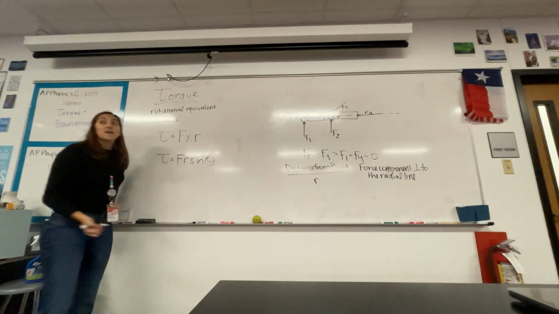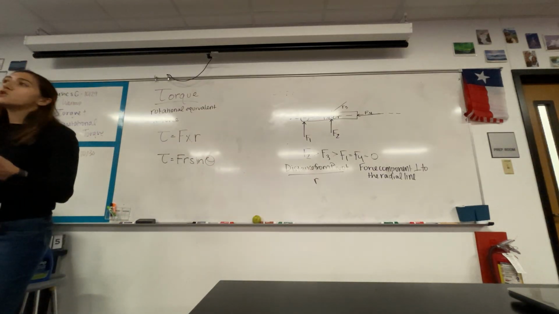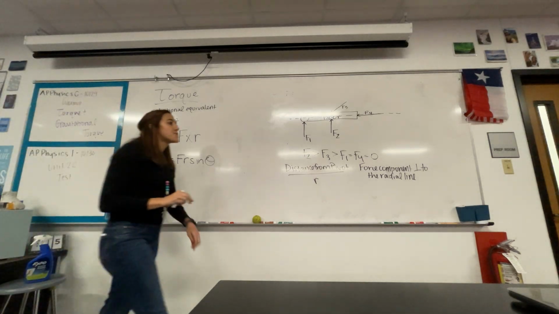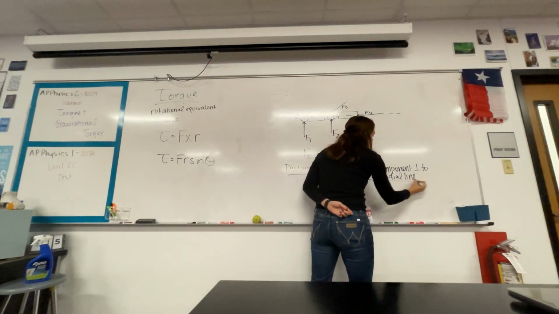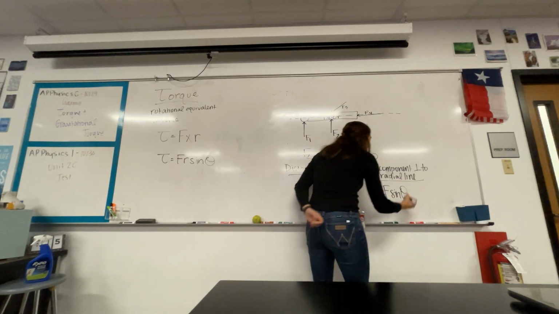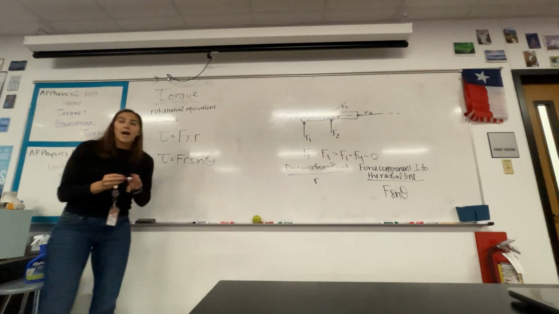That makes sense because cosine is largest when two things are parallel to each other, when the angle is 0. And sine is largest when two things are perpendicular to each other and the angle is 90. So that's really important. This idea that these are the two things that make up torque is one awesome way to look at torque.